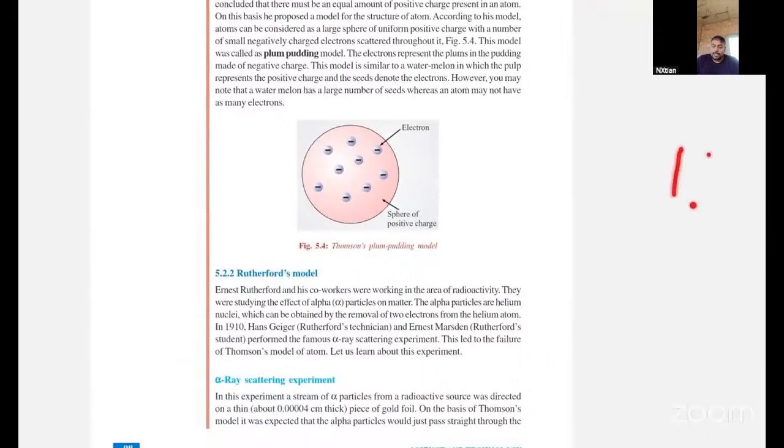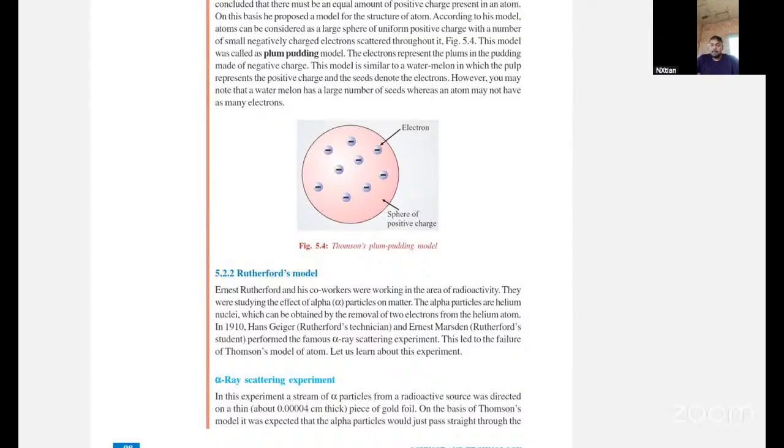Now we will read the next model, which is called Rutherford. If you check the plum pudding model or the watermelon model, they did not do any experiment to find it out. They are just giving what they have imagined. But Rutherford is a proper experimental guy.